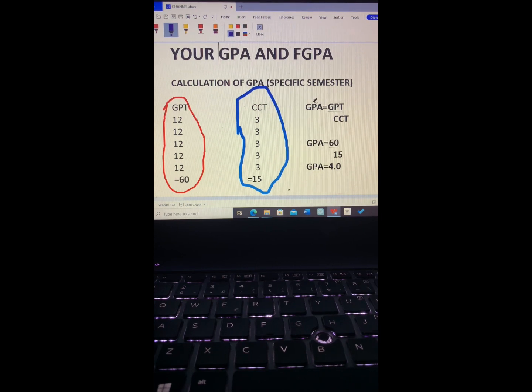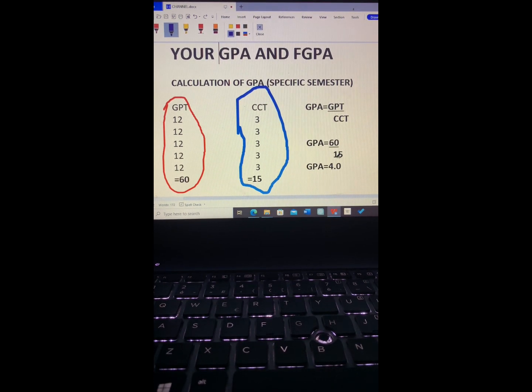When you are calculating your GPA, you use the sum of your grade points and divide by the sum of your CCT. So my grade points here are 60, divided by CCT, which is 15.